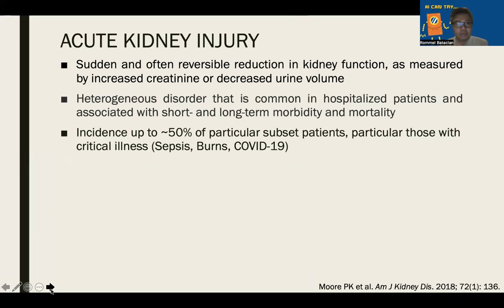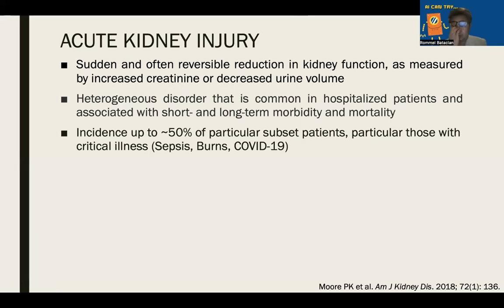So one of the common diseases wherein we request for ABG, besides chronic kidney disease, is acute kidney injury, which is defined as a sudden and often reversible reduction in kidney function as measured by increased creatinine or decreased urine volume. So you've learned from the last meeting, we use urine and serum creatinine as our primary markers for kidney function.